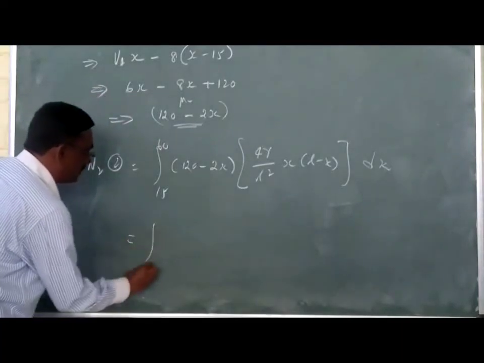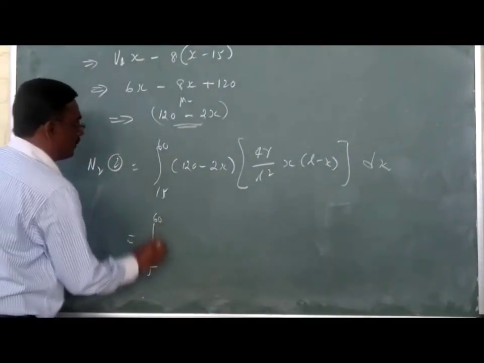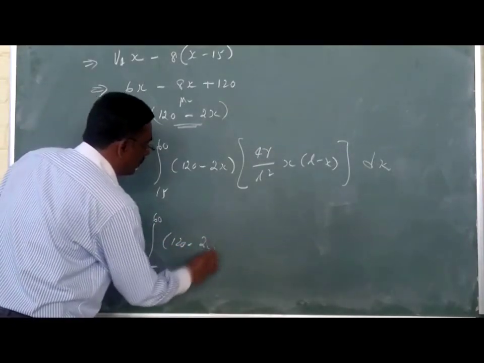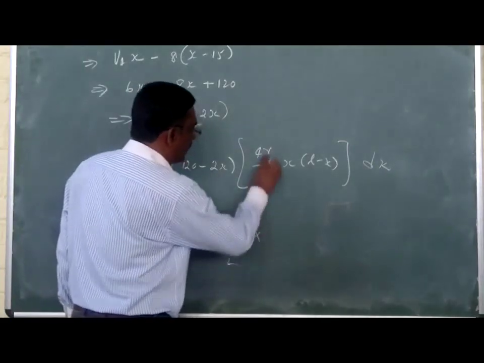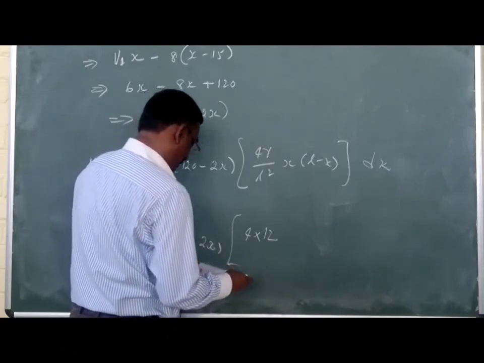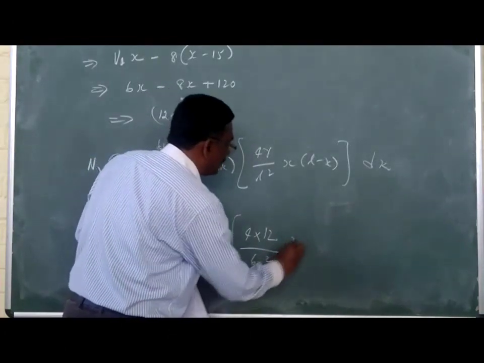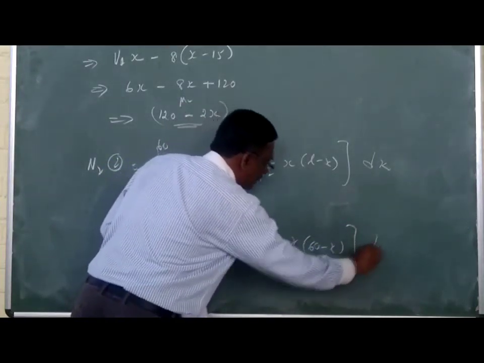Now let us substitute the values of the parabola components: 120 minus 2x into 4 into the rise of the parabola, 12 meter, over L square, where L is 60, x into 60 minus x, dx.